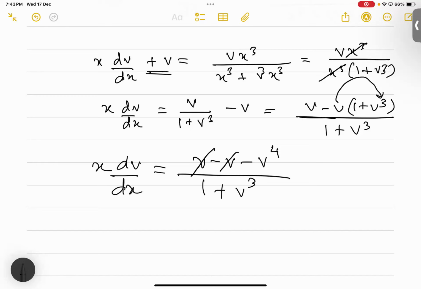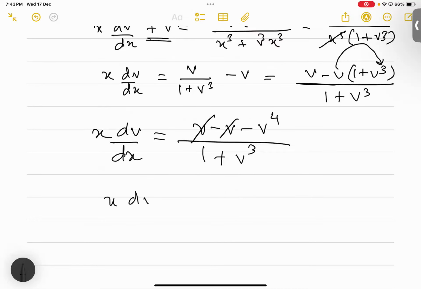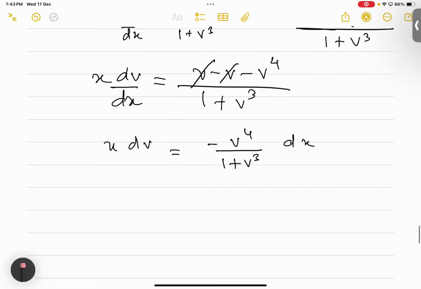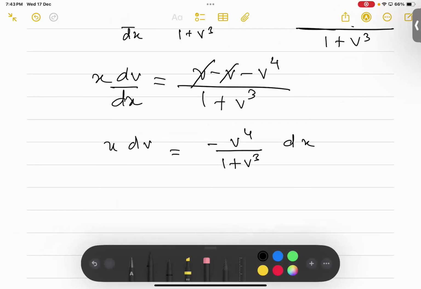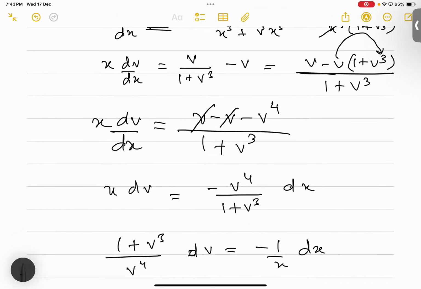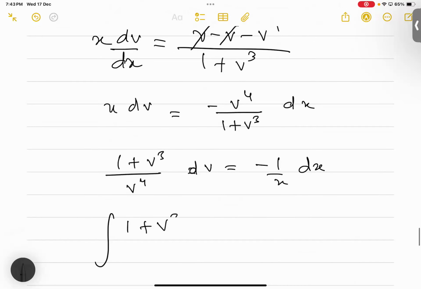I forgot this now: v into v cube. I had written v cube only earlier. x dv by dx equals v raised to 4 times 1 plus v cube dx. Send this dx on the other side. Now separate the terms: 1 plus v cube upon v raised to 4 dv is equal to minus 1 upon x dx. Correct? How to integrate this, guys? After separation, how to integrate this?